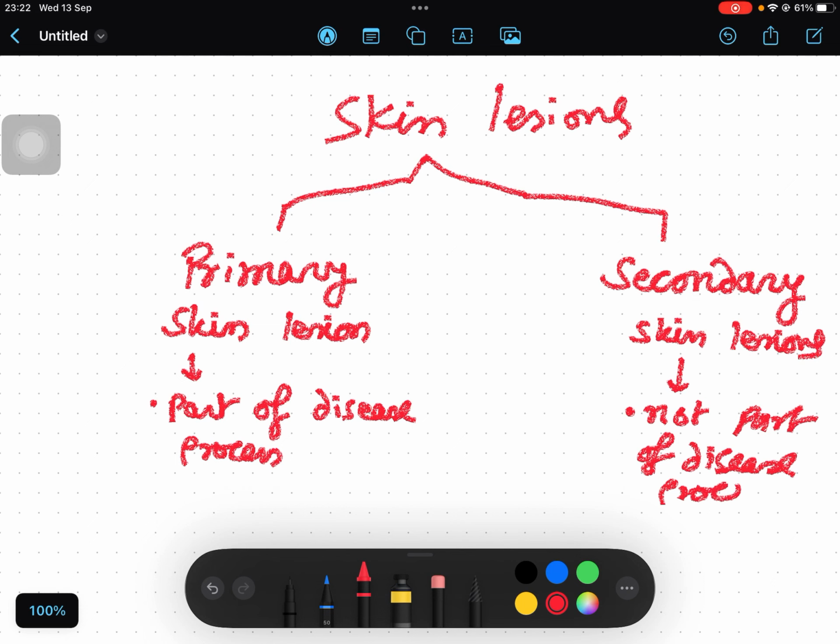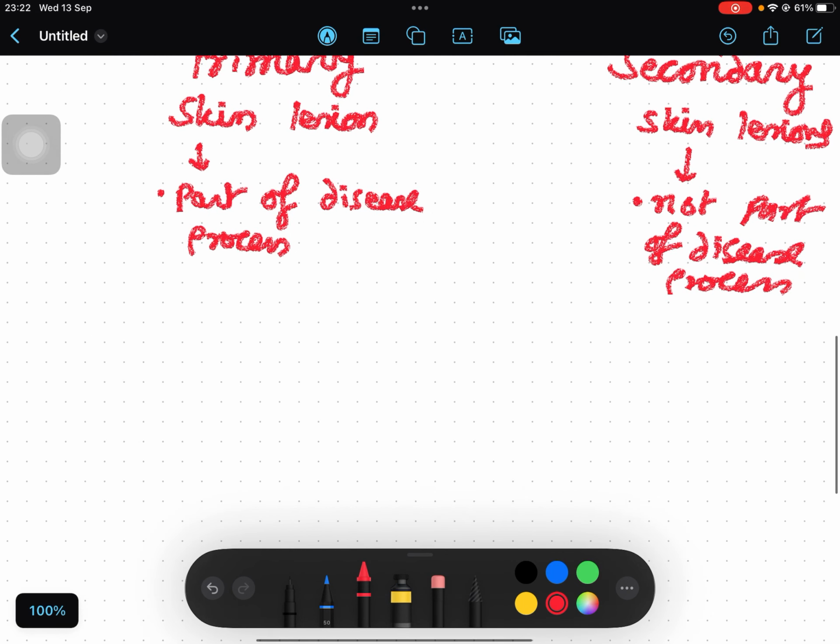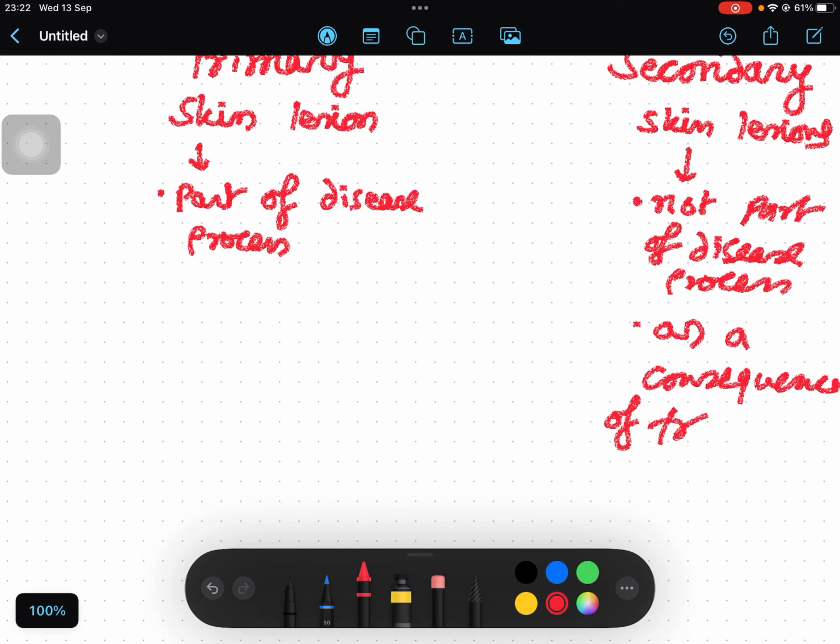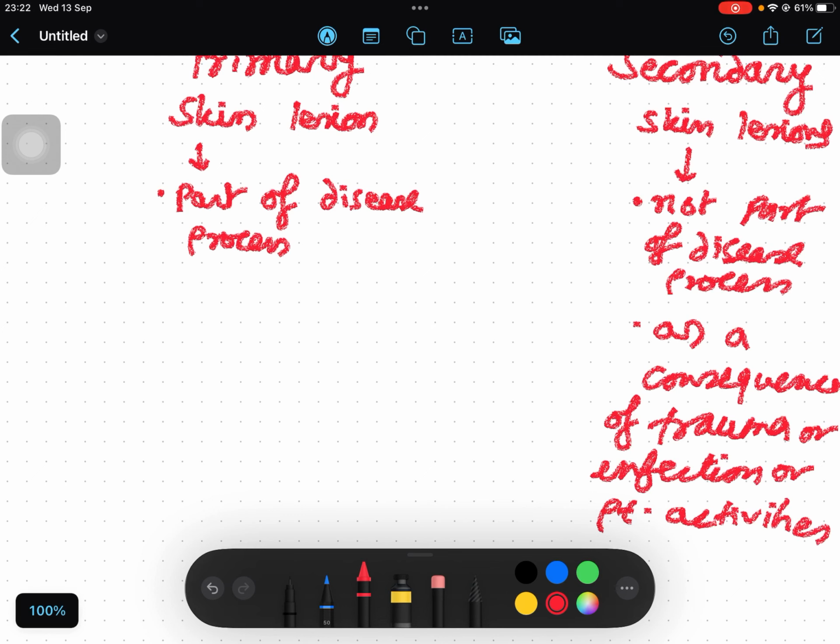but they are a consequence of trauma or infection or patient's activities, because of which primary lesions change to secondary lesions.